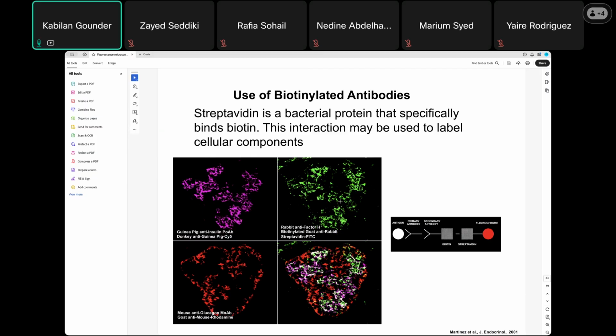You can see all these three together. This is a typical multicolor labeling, which means you can see more than 2 or 3 proteins. Here, this is the target of your interest, then again the same primary antibody, and the secondary antibody is conjugated with biotin.